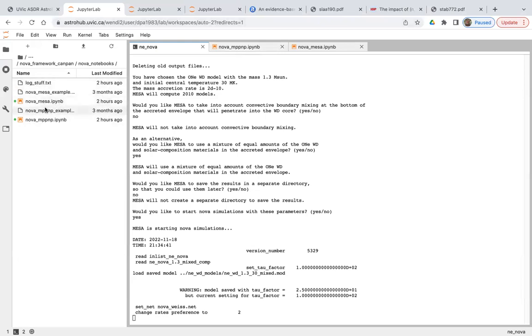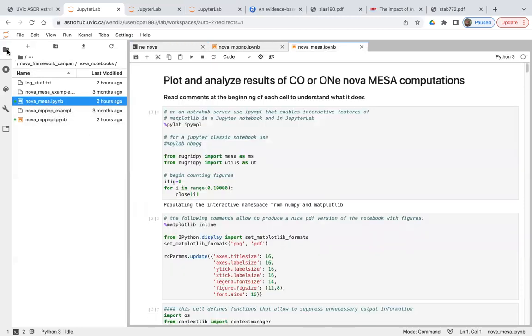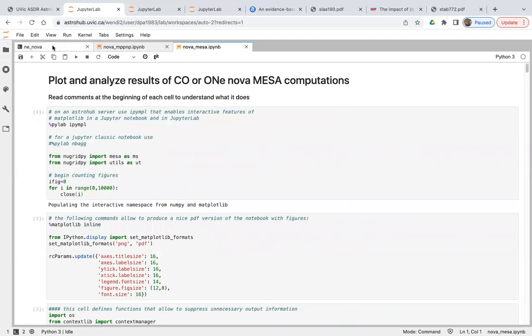This is the Nova MESA notebook, which analyzes the results of Nova MESA stellar evolution computations, and the Nova MPPNP notebook, which analyzes the results of multi-zone NuGrid post-processing nucleosynthesis computations. So if I go to Nova MESA, and close this file manager.